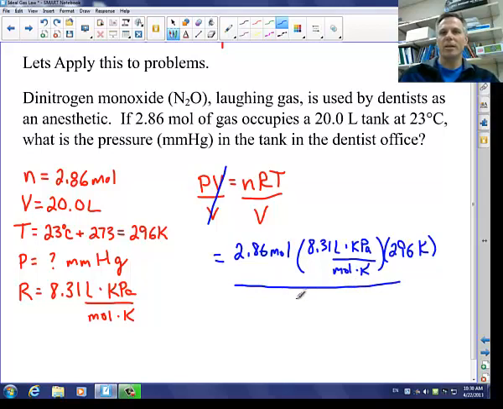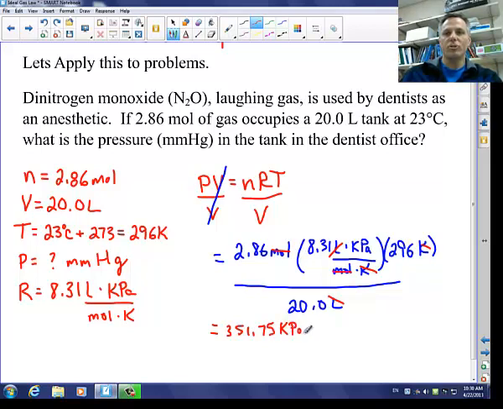The volume in this case is 20 liters. So now when I start to cancel these units out, I'm going to get moles canceling with moles, kelvins with kelvins, liters with liters. I'll be left with kilopascals. When I multiply all of this out, I'm going to end up with a value of 351.75 kilopascals.